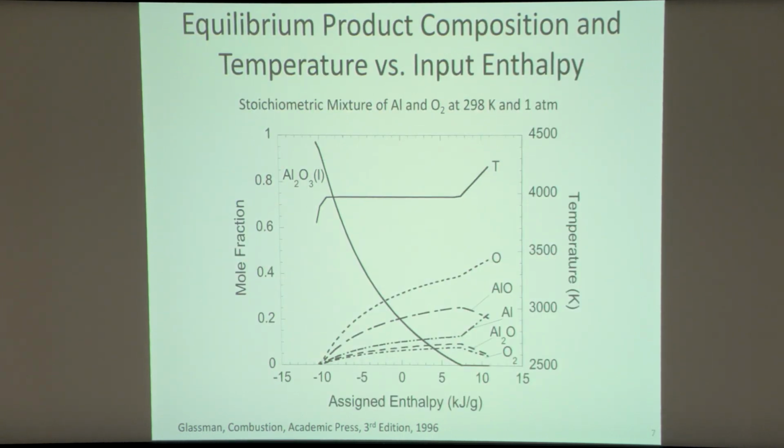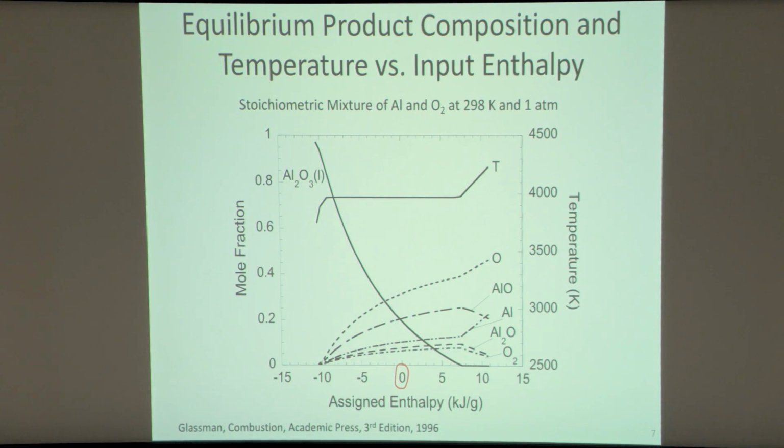This is just some equilibrium calculations that you learn in combustion, okay? And so what was taken here is a stoichiometric mixture of aluminum with oxygen, the initial temperature 298 Kelvin at 1 atmosphere. Okay, and so what I'm plotting is the equilibrium mole fractions of the species and the temperature of the reaction, the adiabatic flame temperature. The term 0 here means that all the enthalpies in the reactants were at their correct standard conditions.